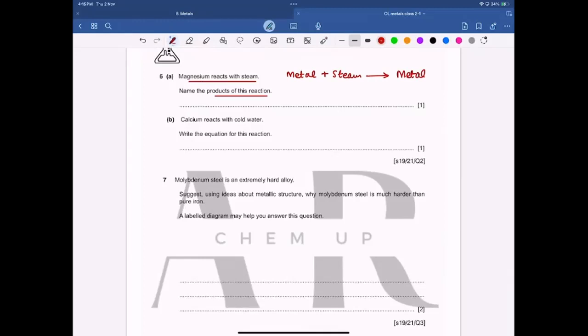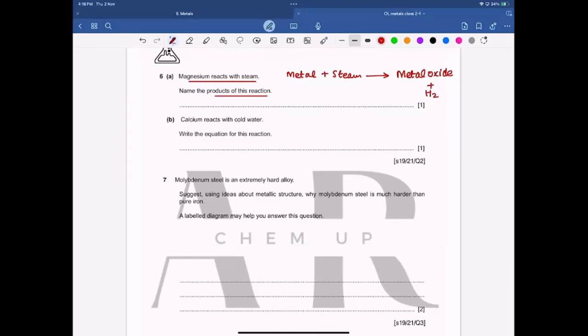So in this case, which metal are we allowing to react with steam? Sir, we have to make the formula for this, right? No, they are asking for the name. So just tell me which metal we have with steam. Magnesium.